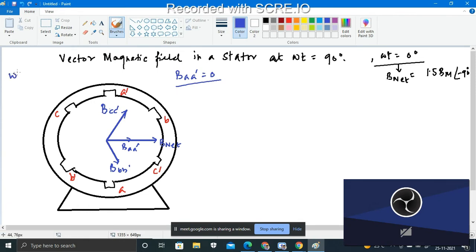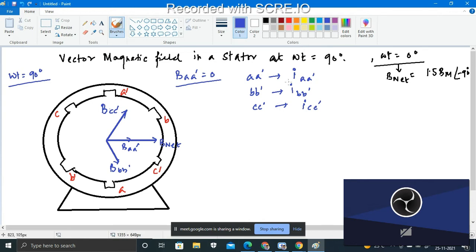So when omega t is equal to 90 degrees, what will be my representation? What will be my resulting net magnetic field? For that case, we have a current, so in each and every coil the current will flow. Suppose in coil A dash the current that will flow is I of A dash, in coil B dash it is I of B dash, and in coil C dash it is I of C dash, right?